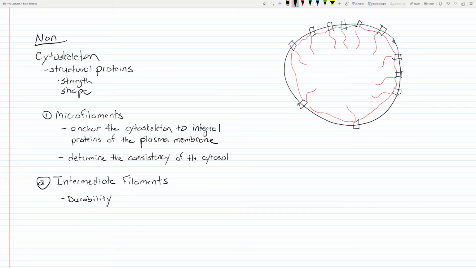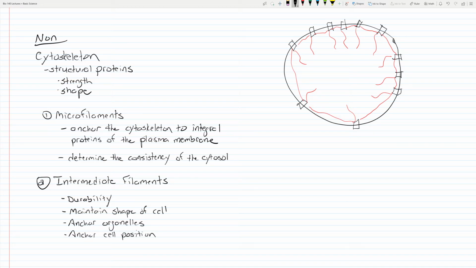They maintain the shape of the cell. They anchor the organelles. And they anchor the cell position in the connective tissue.